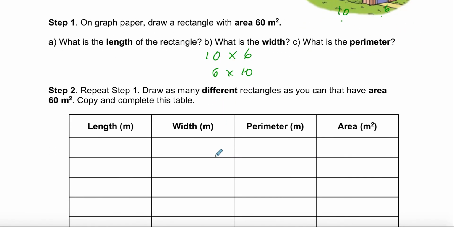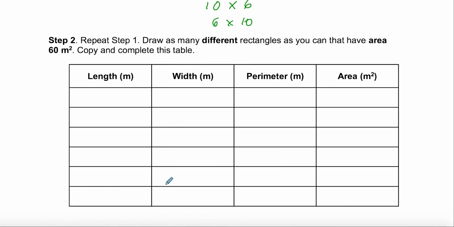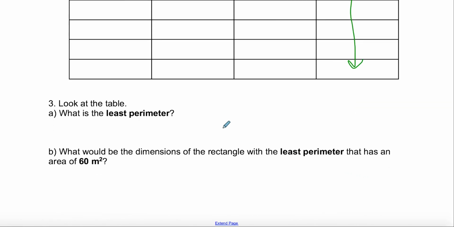So you'd have to come up with 6 different floor spaces. And then the perimeter is what is going to be different, but the area, these will all be 60. Okay, so it's different. We're looking for the least perimeter, it's called, because if the perimeter is really small, then it's actually a cheaper shed to build.